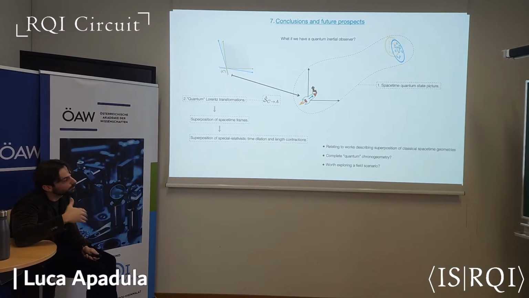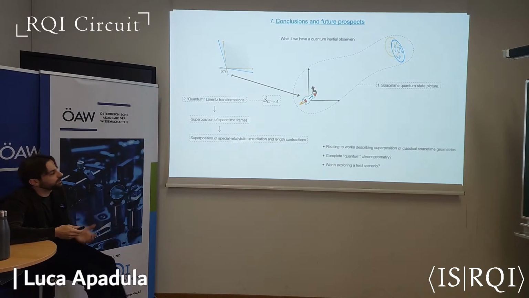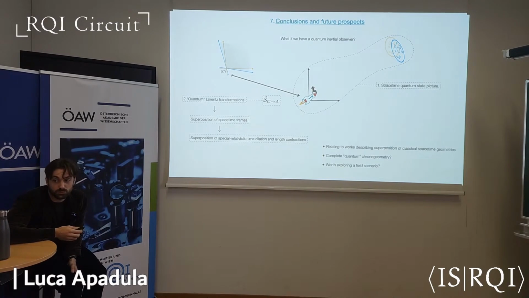What would be the geometrical structure which has this extended notion of symmetry group? And of course, another interesting thing will be to extend this framework to a field scenario. And this is basically everything that I wanted to tell you about.